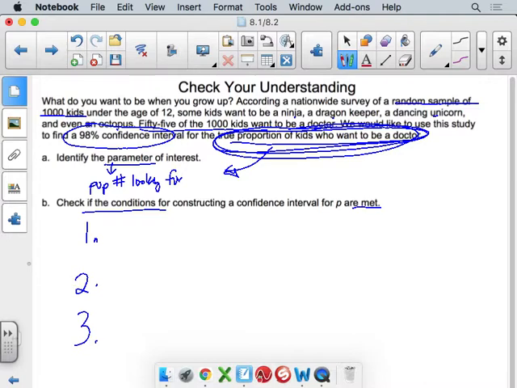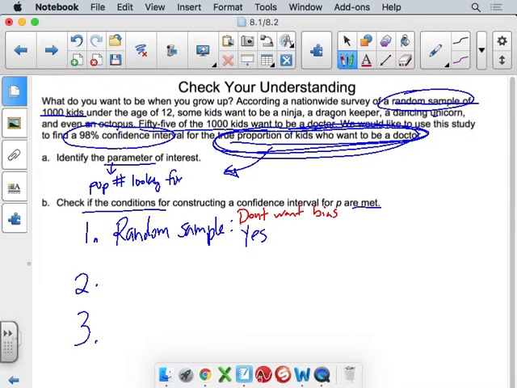The first condition is that we need to have a random sample, because if you didn't sample randomly, it could be biased. I'll make a note here: we don't want bias, we don't want misleading stuff. So is this a random sample? Yes, it says random sample.